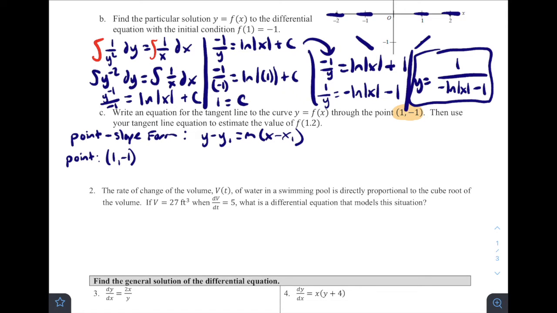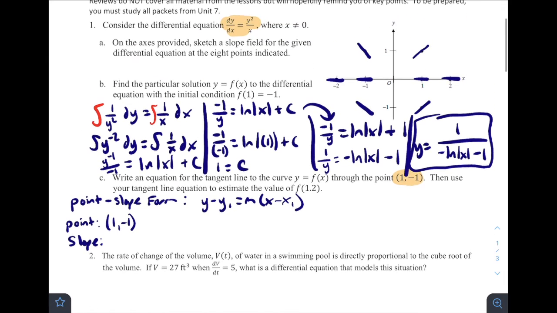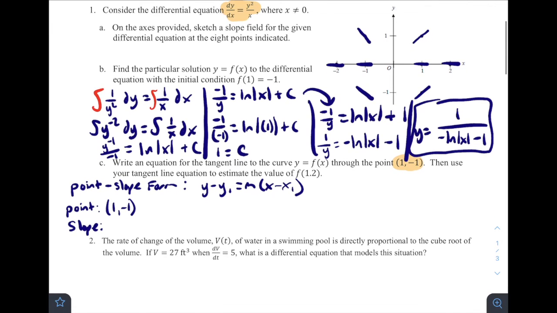And the slope, luckily for us, we can use our differential equation to calculate. We know that dy dx, the derivative, is y squared over x. So if we substitute into that y squared over x equation, that's going to be negative 1 squared over 1, which is 1 over 1, or just 1.